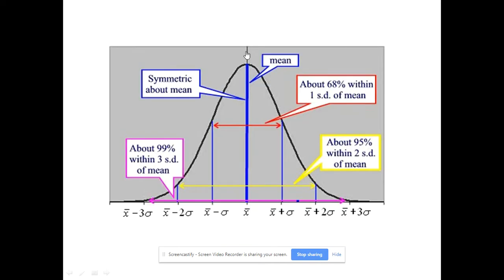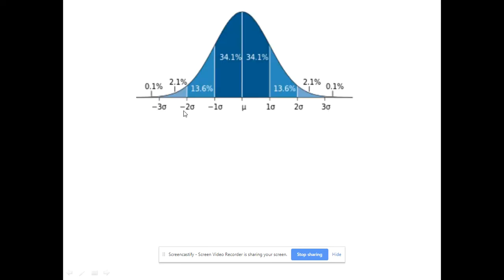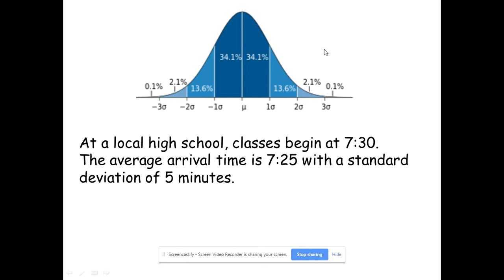Please note that again, everything is going to be symmetric around the middle, which is your mean, and each one of these bars is going to be a standard deviation. If you Google this chart, you might get slightly different percentages. So just use whatever percentage I give you either on the homework or on the test. Let's see how this works. I'm going to switch over to another screen, so bear with me for one moment.